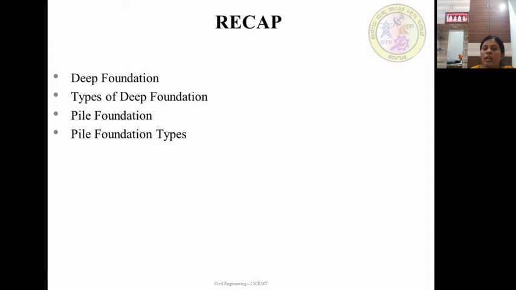Next is the bearing piles. Bearing piles are laid on an incompressible layer, and these piles act as a column or piers. We prefer columns for buildings and piers for bridges to support the slab on the bridge.